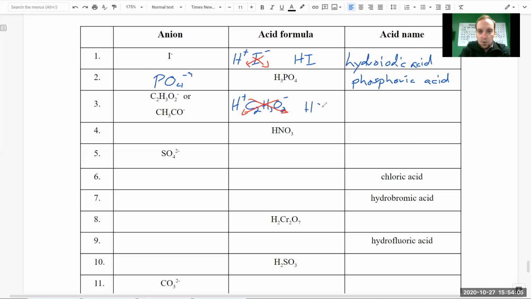So I do not require a parenthesis because there's no additional acetates. So this is hydrogen acetate, but acetate ends with an "ate," therefore it'd be acetic acid. Acetic acid is vinegar, by the way. So that's vinegar, HC2H3O2. That's vinegar or acetic acid.